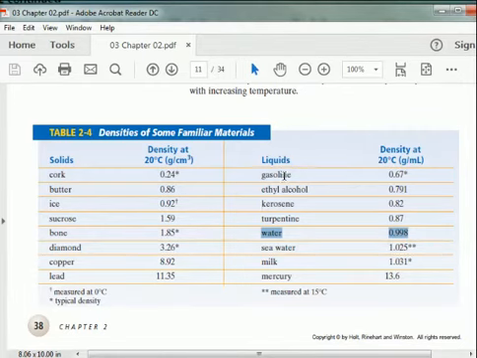So first let's find gasoline, 0.67. Okay, well that's much less than water, so that would float. That's not what I want. Turpentine is the next option, 0.87. Again, much less than 0.998, so that would float. Down here to mercury, the last one, significantly larger than 1.0, 13.6 grams per milliliter, which makes it significantly more dense than water.